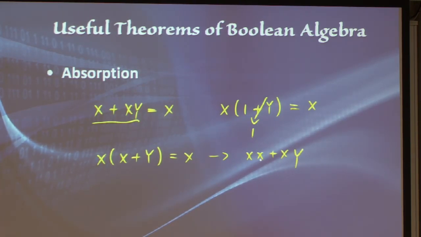We said if we have a repeating variable ANDed together, this can just be x or xy, which takes us back to what we just proved at the top, and we end up with x again. Questions so far?